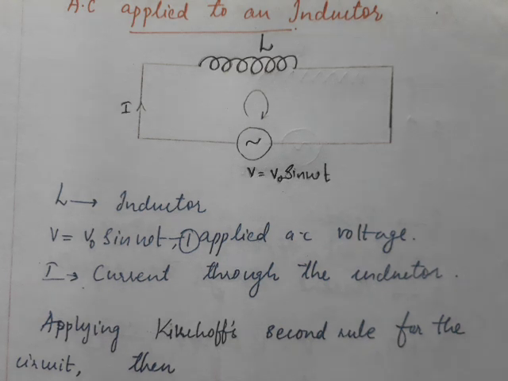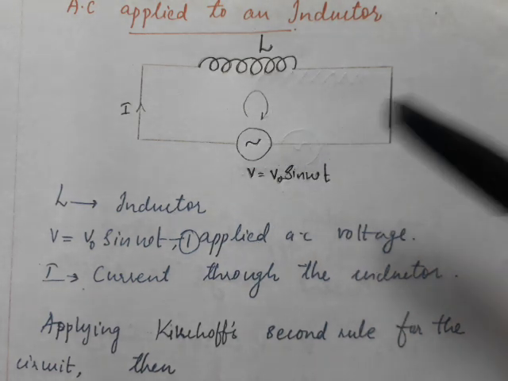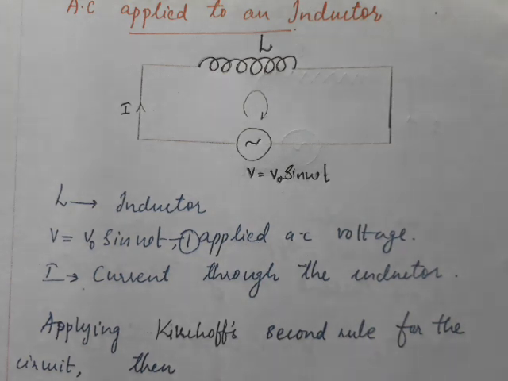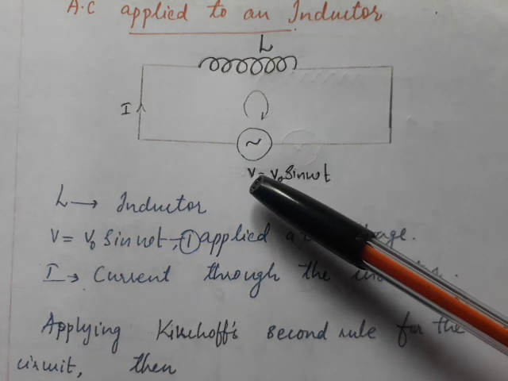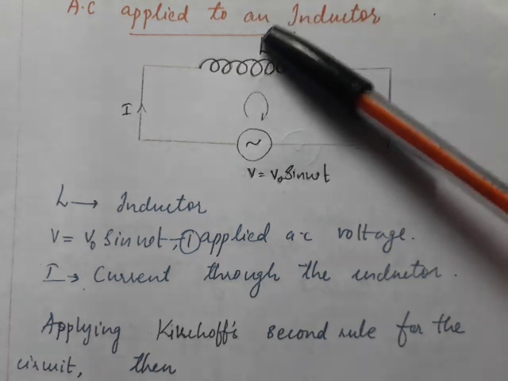To find the current, we apply Kirchhoff's rule here, that is the loop rule or the second rule, which says the total potential difference across the loop is 0. So here the potential differences are the applied voltage V and the voltage across the inductor.